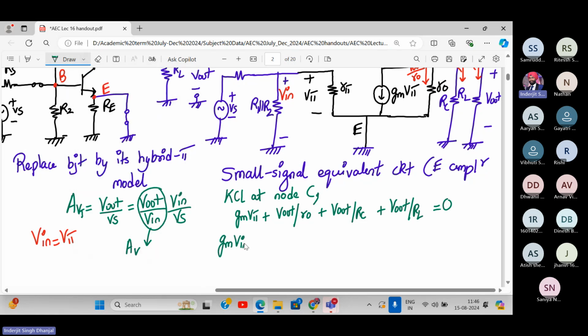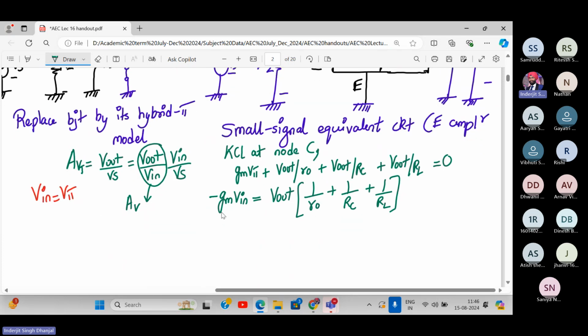gm into V in, we will take it on that side. Then rest all the other things, V out common. It will be 1 upon Ro plus 1 upon RC plus 1 upon RL. Okay. This is nothing but minus gm into V in. This is V out divided by these three resistors in parallel.